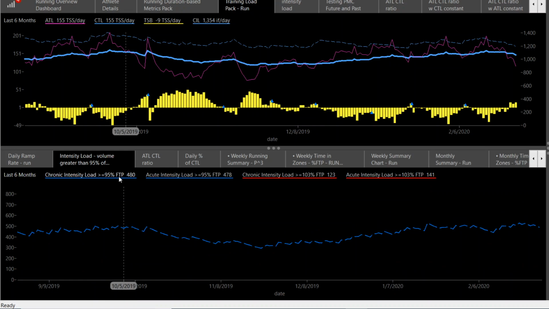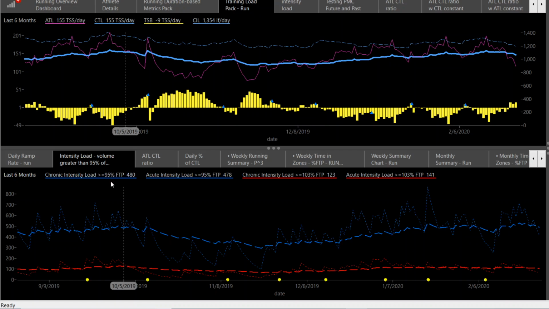So half marathon power, tempo, threshold work, super threshold work, maximum aerobic power, even anaerobic work, all folds into this catch right here of greater than or equal to 95%. So you might consider this the overall higher intensity training.